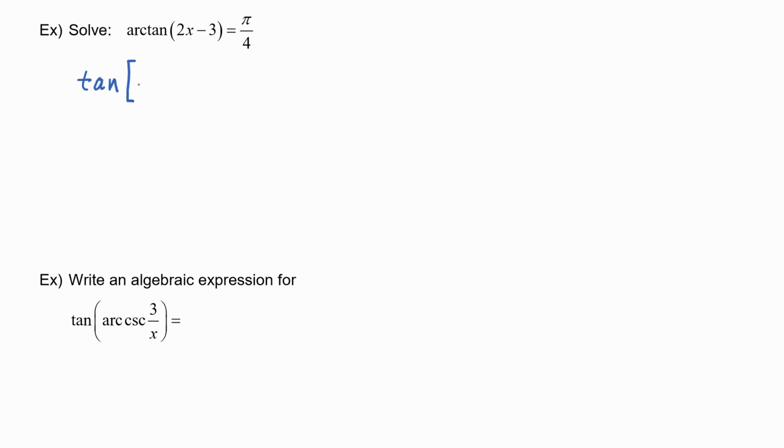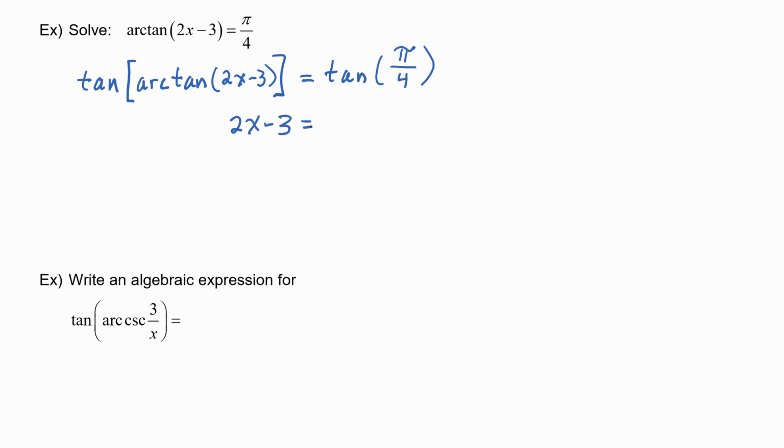So we take the tangent of arctan of the quantity 2x minus 3 on the left-hand side, and then we have to take the tangent of pi over 4 on the right-hand side. Tangent and arctangent are inverse functions, so they undo each other. We have 2x minus 3 on the left-hand side. Tangent of pi over 4 is equal to 1.